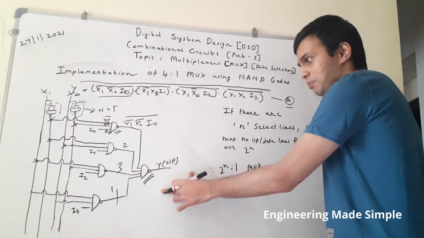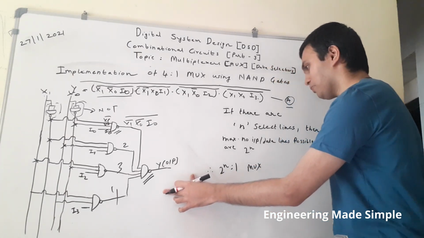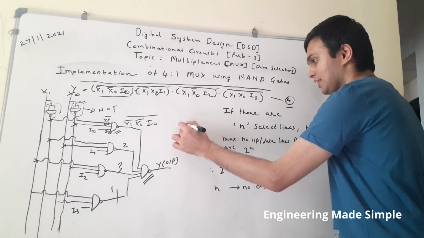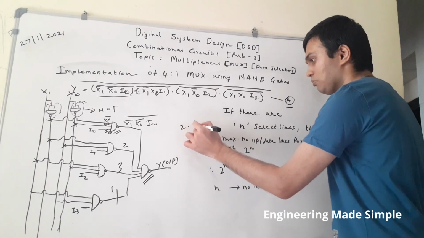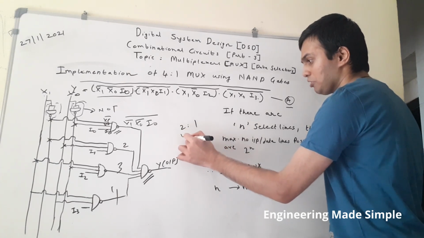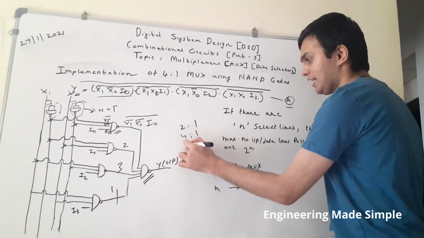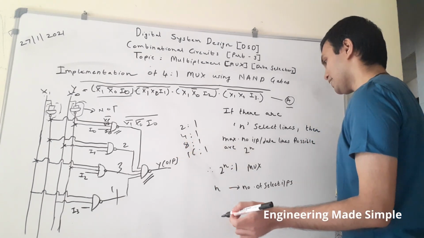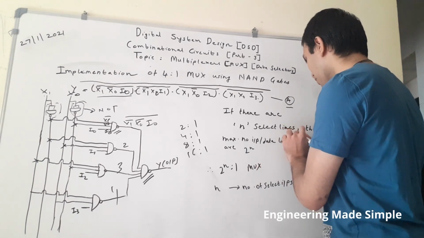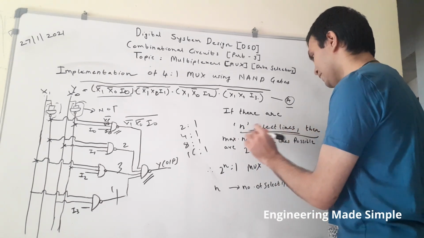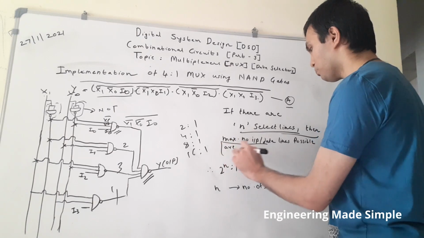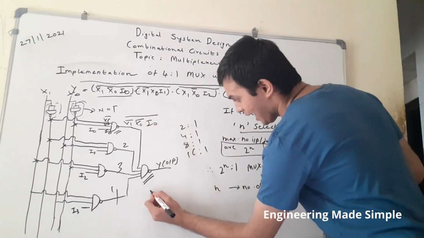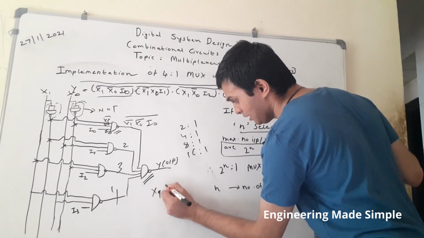Now there is a last but most important point I would like to convey over here. As we discussed at the start of the lecture, there are various types of circuits: 2:1 mux, 4:1 mux, 8:1 mux, 16:1 mux. Now how will you understand this? Suppose you have n select lines, then the maximum number of possible input combinations is 2^n. Like here in this case, you had two select lines, that is x1 and x0.